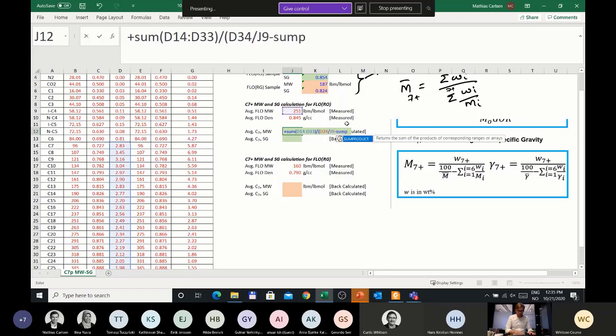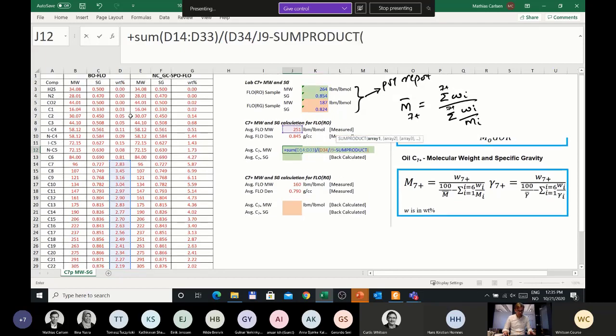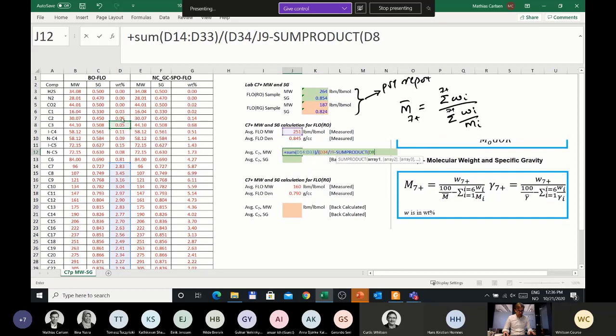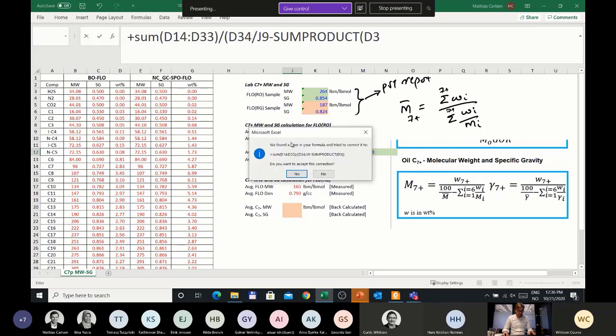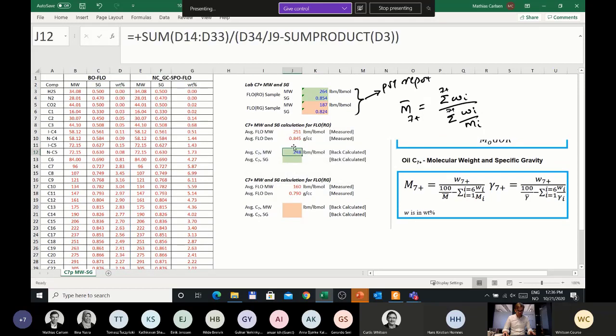And then we do the sum product of everything up until this point, then 1 divided by molecular weight.